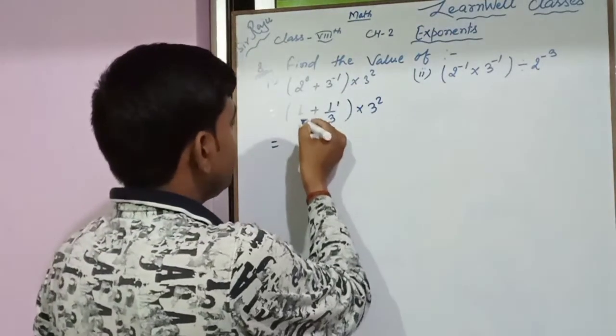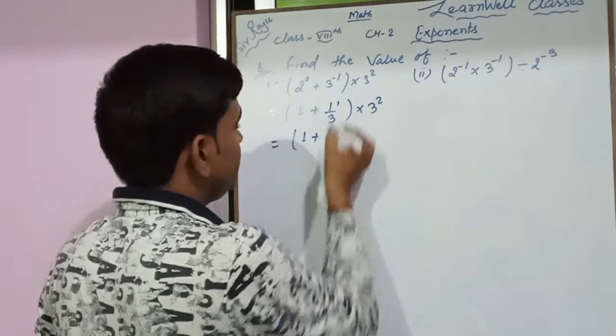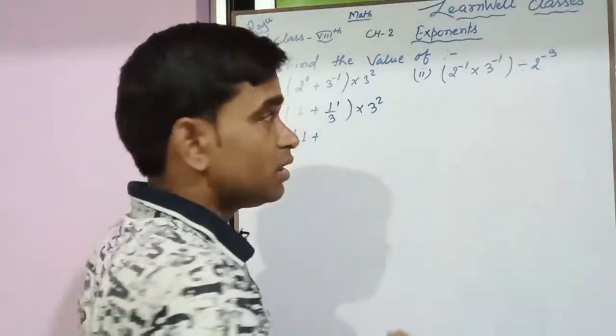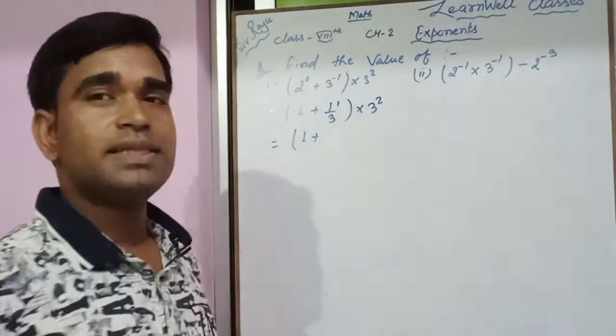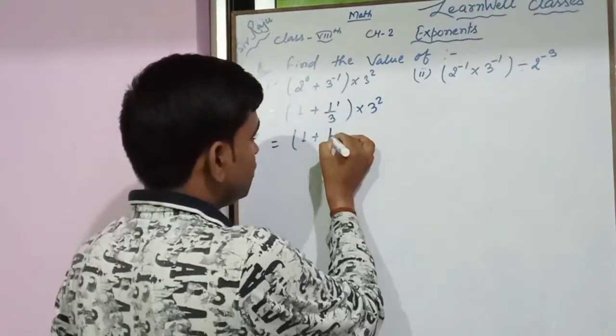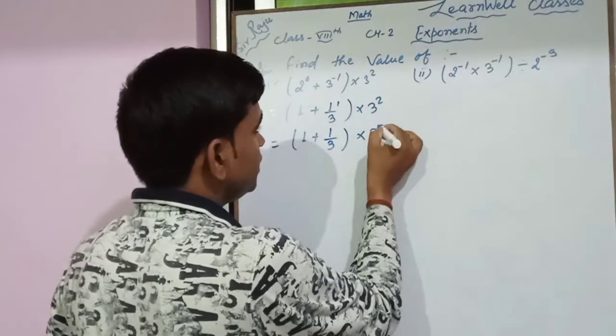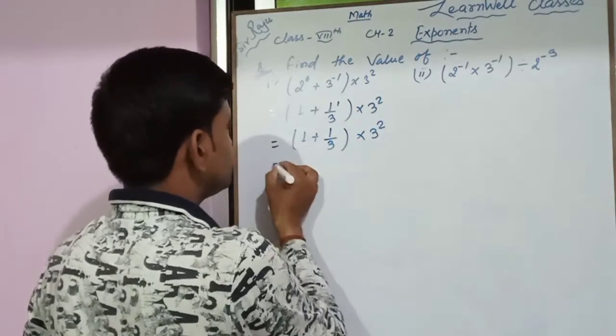So then we have 1 plus, when the exponent is 1, that number is multiplied 1 time, 1 upon 3 into 3 raised to the power 2.